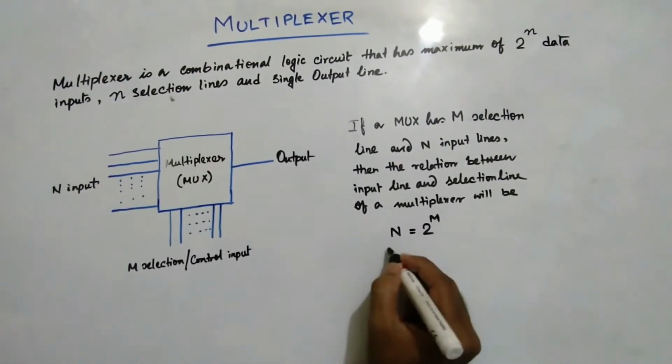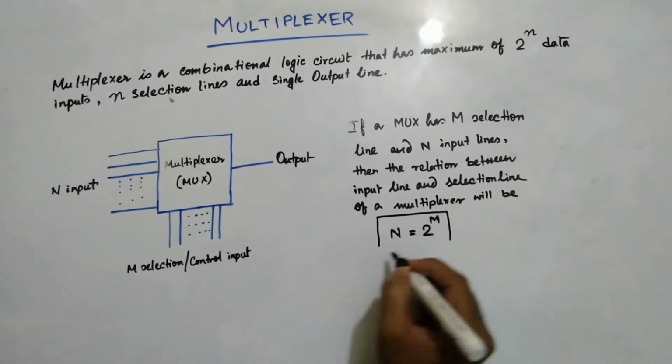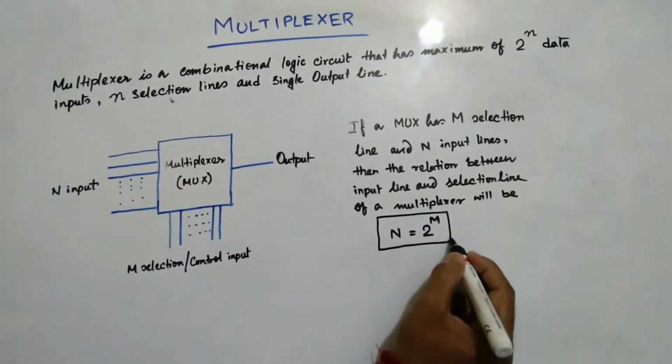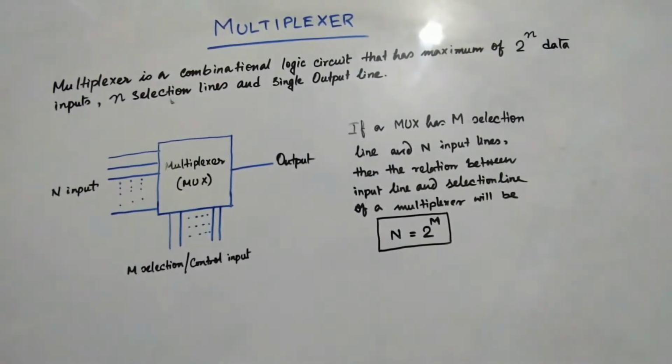So this is the relation that we have to remember, where the number of input lines n is equal to 2 to the power m, where m is the number of selection lines.